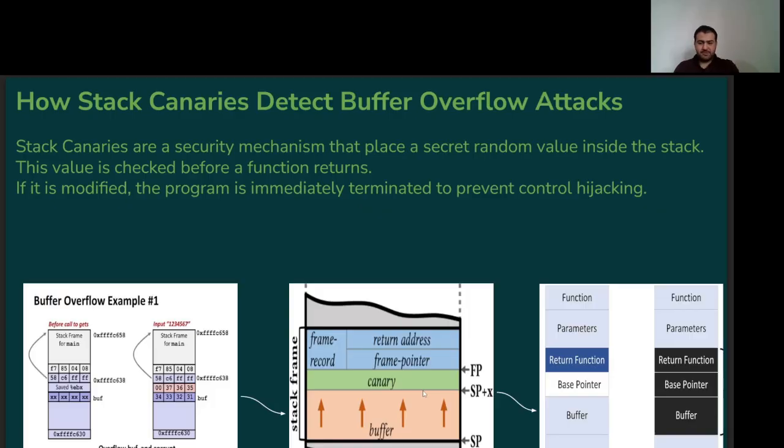The data moves upward and first hits the canary. So the canary works like a warning barrier between the user data and the critical control data.